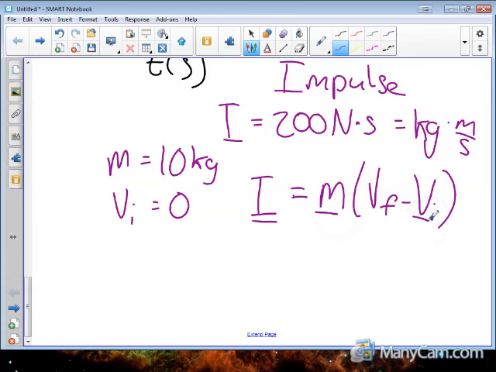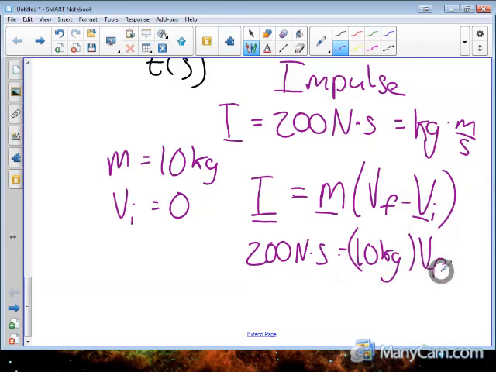I know that, and I know that. So plugging it in, 200 newton seconds equals 10 kilograms multiplied by V final, so that V final is equal to 20 meters per second.